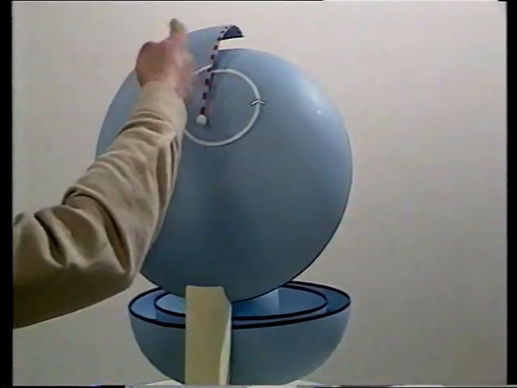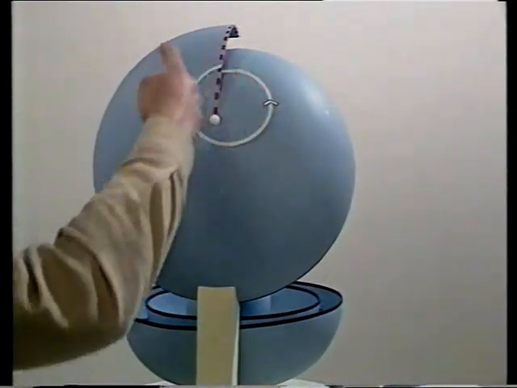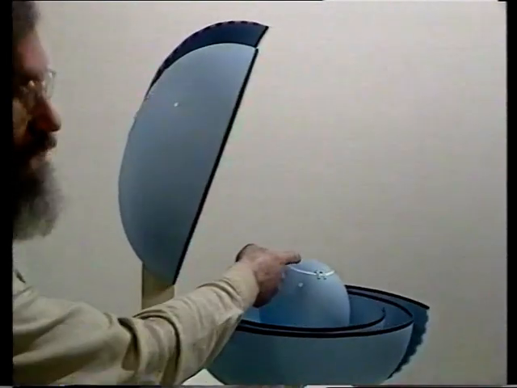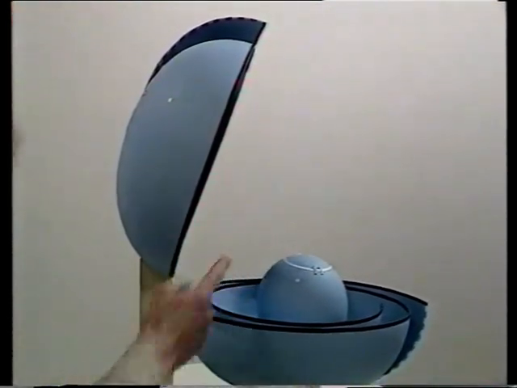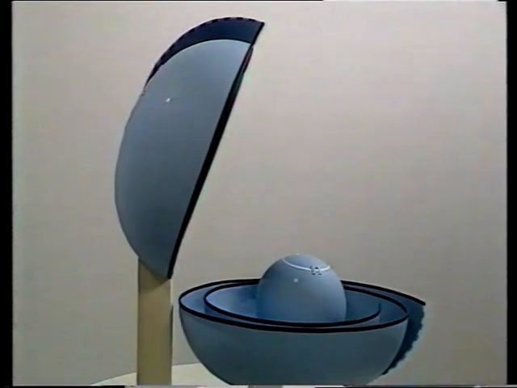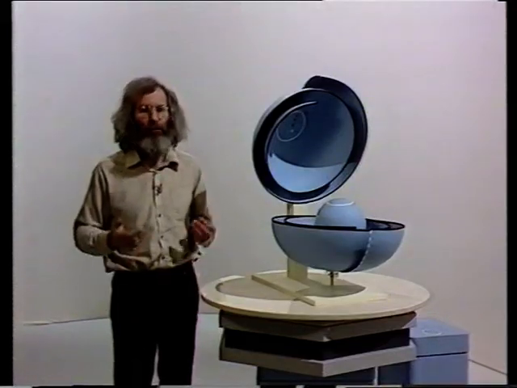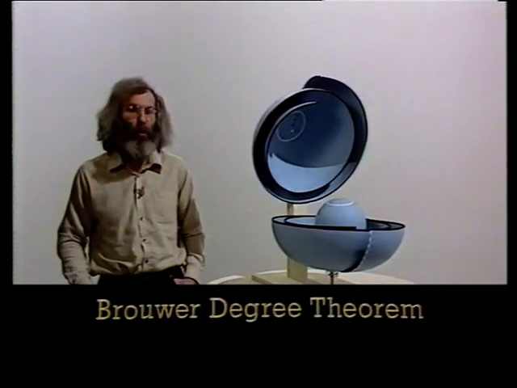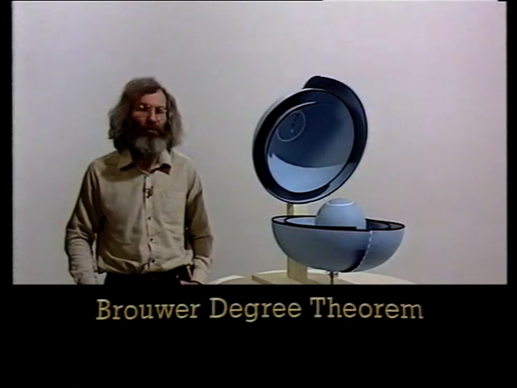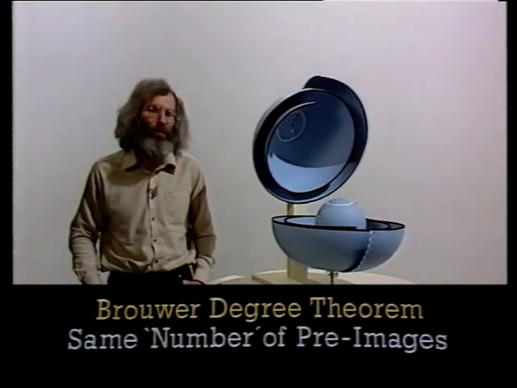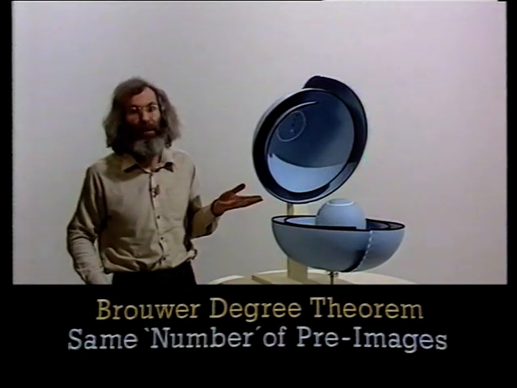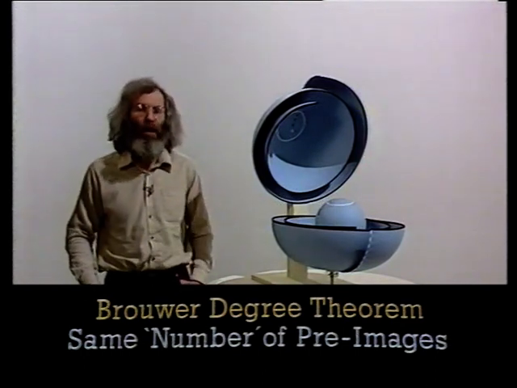Take a loop in the domain which winds positively around the pre-image once, and look at the image of the loop in the codomain. Then the winding number of the image loop about the codomain point is the multiplicity of the pre-image. And there's a theorem called the Brauer degree theorem, which says that every codomain point has the same number of pre-images as long as you count each pre-image with its multiplicity. This number, 2 in this particular case, is called the Brauer degree of the function.